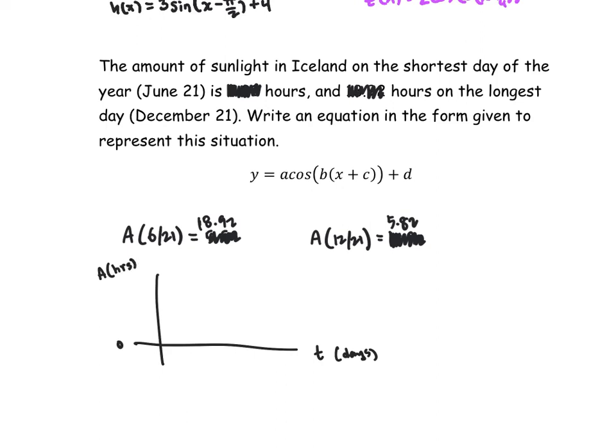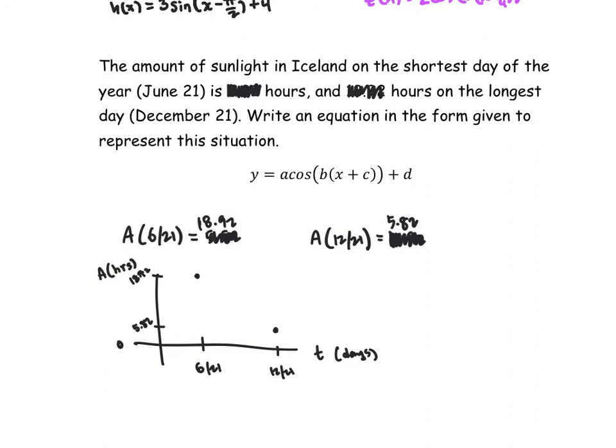Okay, so we have a max value on 621, and that max value is 18.92. And we have a min value on 1221, and that's at 5.82.